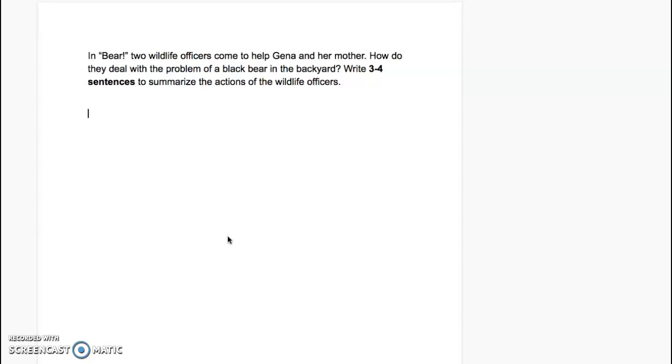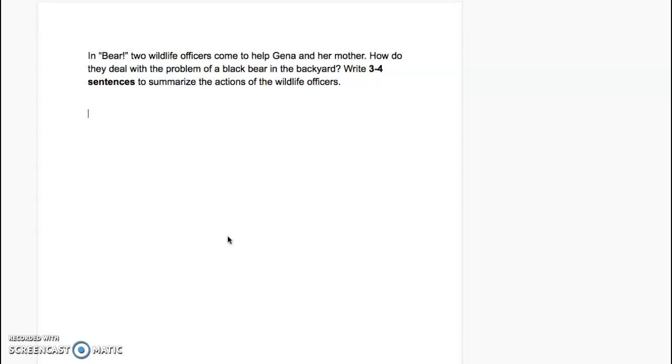All right, so I'm thinking back to the story, and I remember that the wildlife officers arrive about halfway through the story. So as I'm looking through those paragraphs, I see the officers first talk to Jenna to find out where the bear is. Then they get a tranquilizer gun and use it to put the bear to sleep.